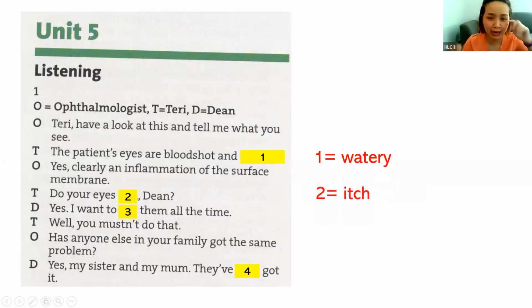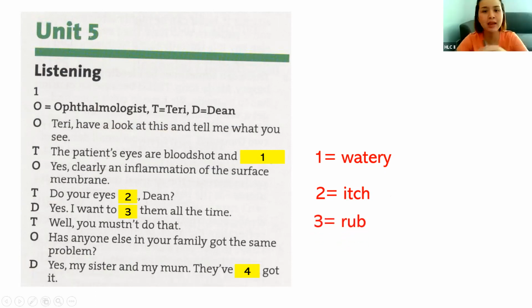Dean, do your eyes itch means คันตา นะคะ. Itch. So when something is itchy, you want to scratch it. For example, if I say that my cheek is itchy, it means that I wanna scratch or rub it. Okay, and the third word is rub.